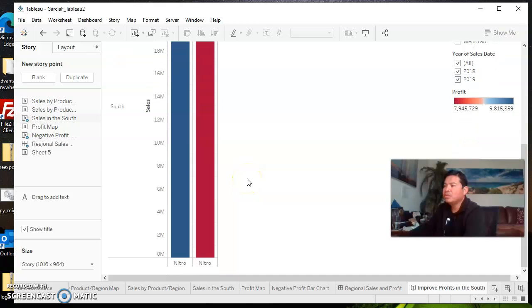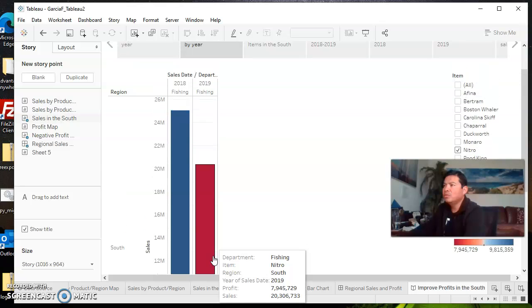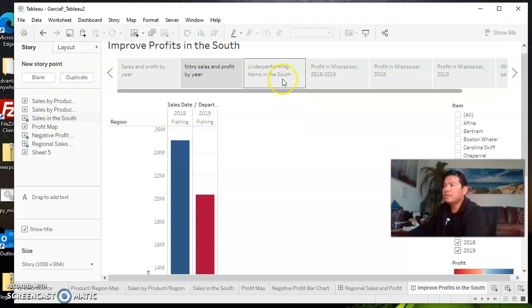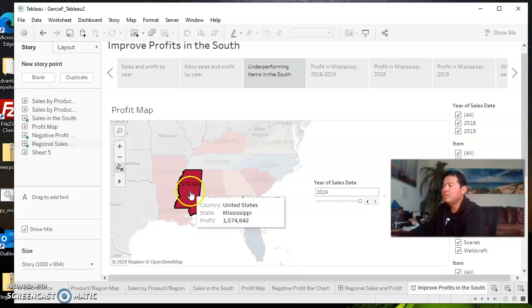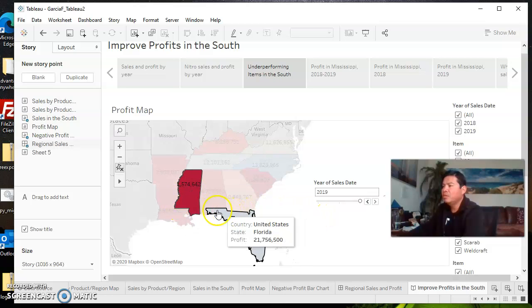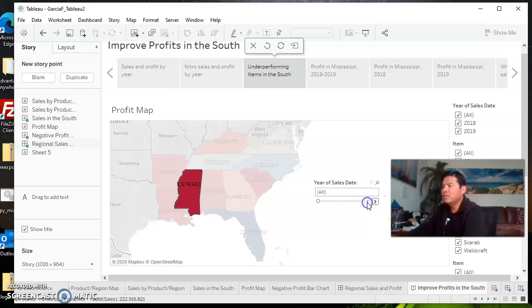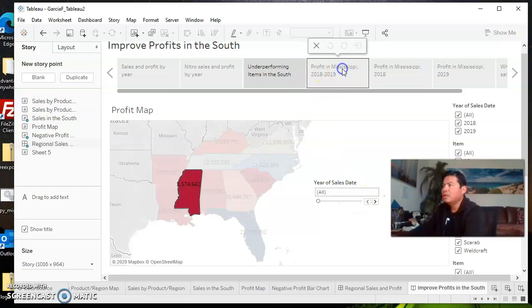We have the south also with these two models for 2018 and 2019. These are underperforming in the south, we have Mississippi. We're not doing much sales, so for 2019, 2018, how about profits in Mississippi.